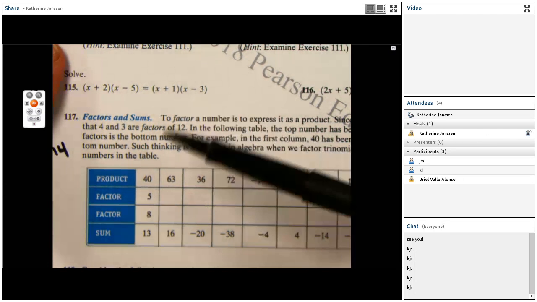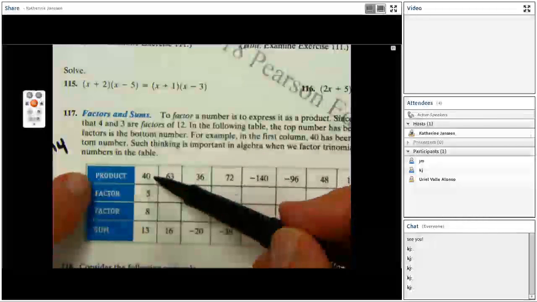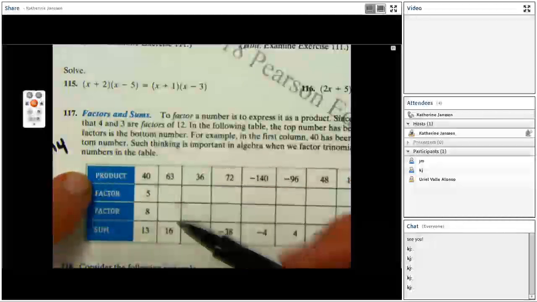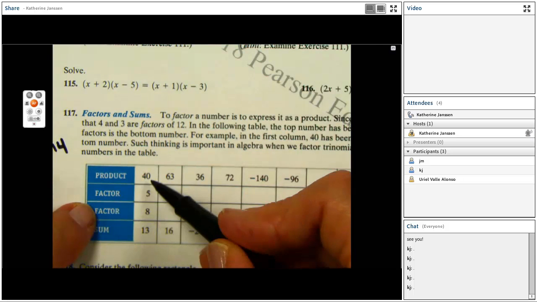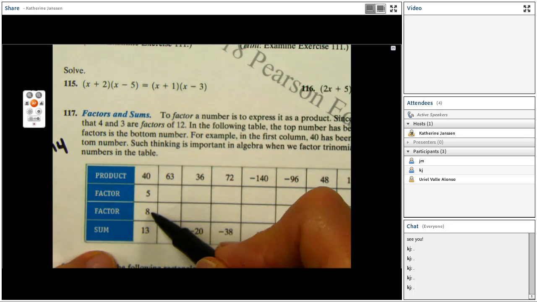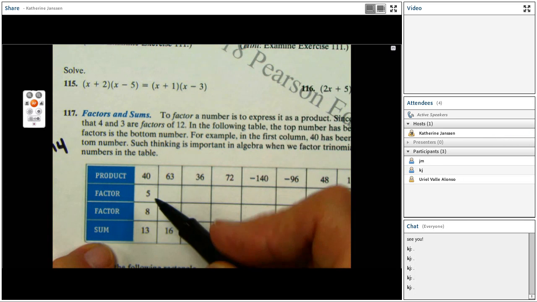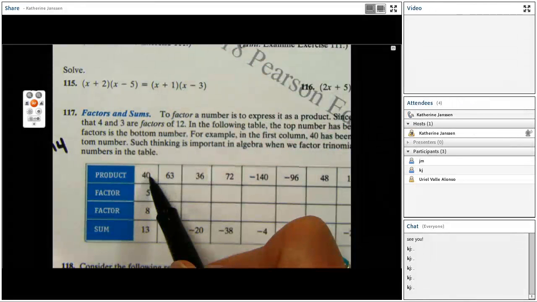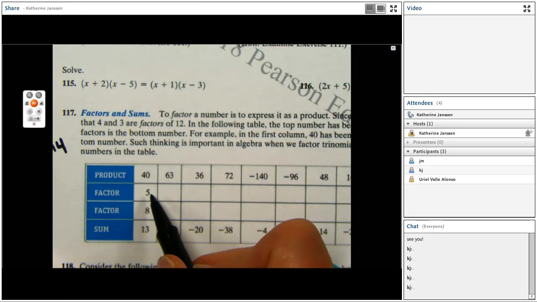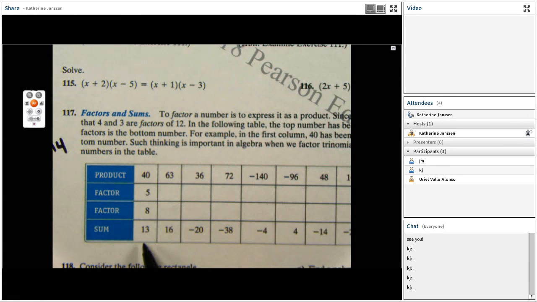So what we're doing in this case is looking for our answer when we multiply to be 40, and we have a pair of factors. 5 times 8 would be 40, and 5 plus 8 is 13. So the game, we are factoring 40, looking for factor pairs whose sum is 13.